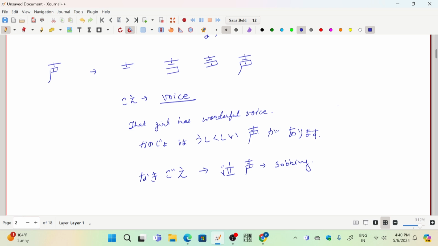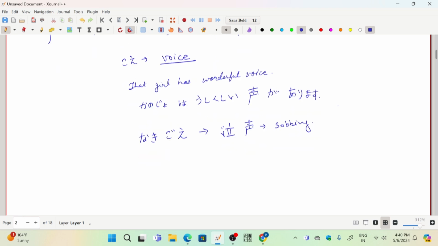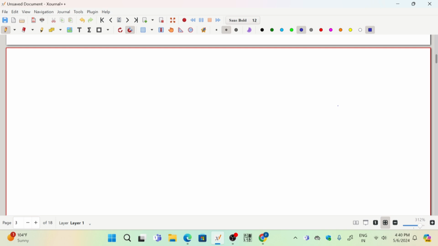So we will finish the kanji till here and move to the patterns. Today the pattern we are going to do is nagara. Nagara pattern is used when two actions are happening simultaneously. So it will be translated as while.